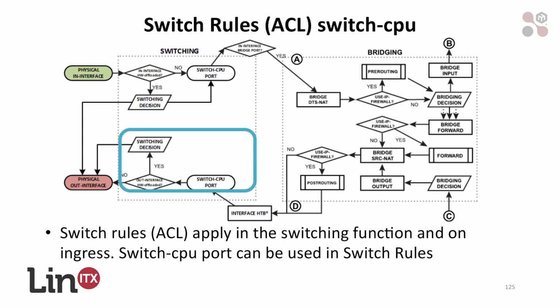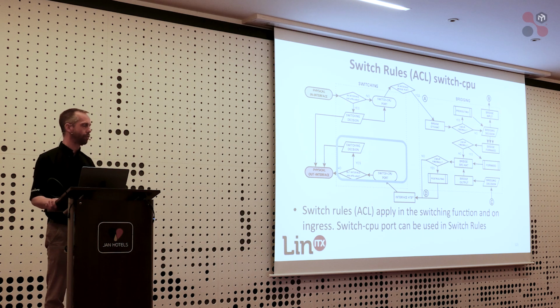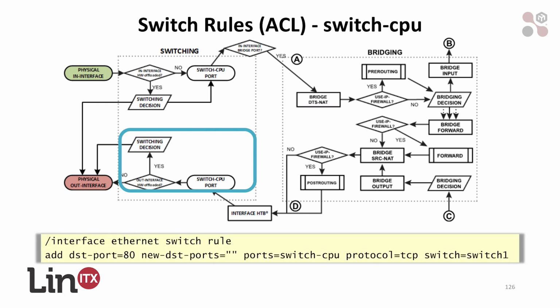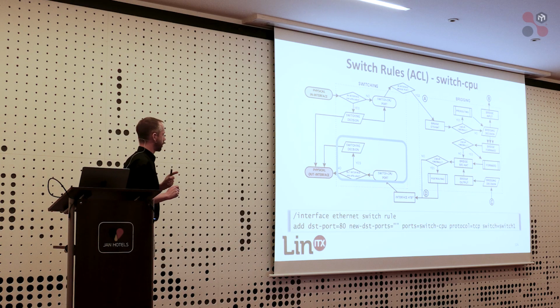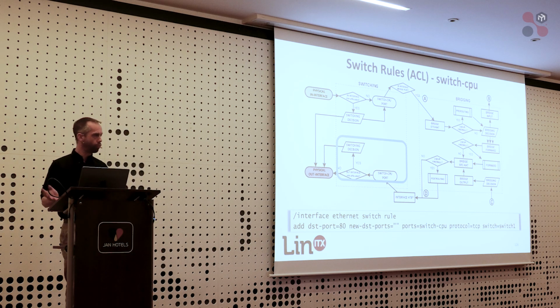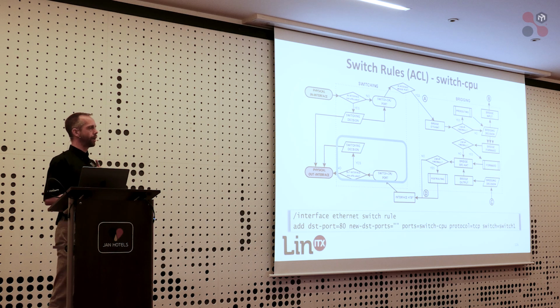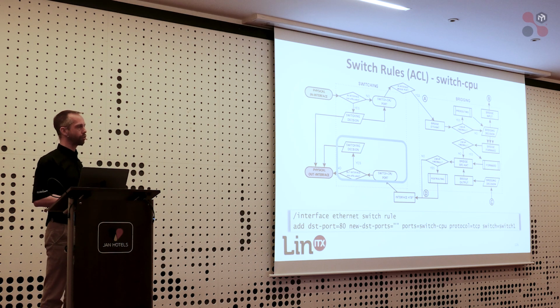Switch ACL rules applied on ingress. I can also apply a switch rule on this part of the switching function because I can actually reference the port as switch CPU. I can't use switch CPU as a port inside RouterOS in the bridging function or the IP firewall, but I can in my switch rules, and I could now also use this to filter traffic.